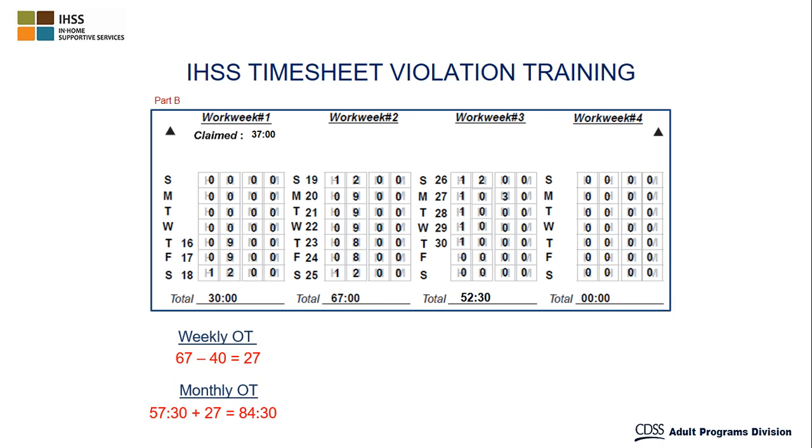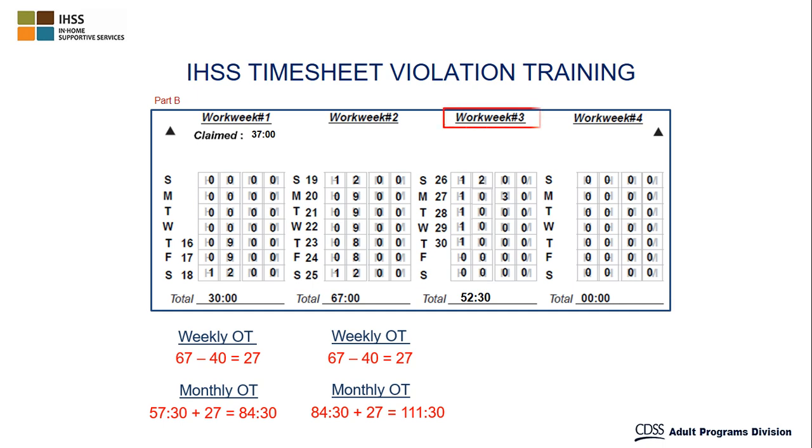In Work Week 2, for the Part B timesheet, the provider claimed 67 hours. This gives the provider 27 hours of overtime for the week. When those 27 overtime hours are added to the running total of 84 hours and 30 minutes of overtime, the total becomes 111 hours and 30 minutes of monthly overtime.